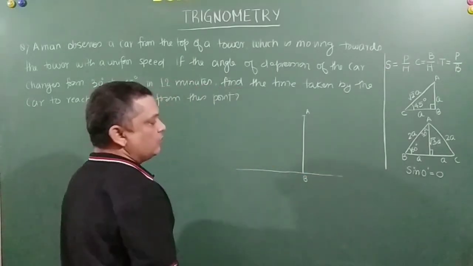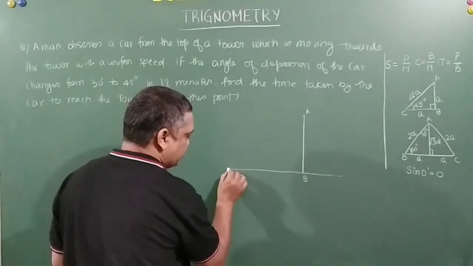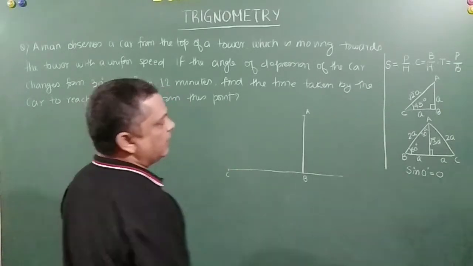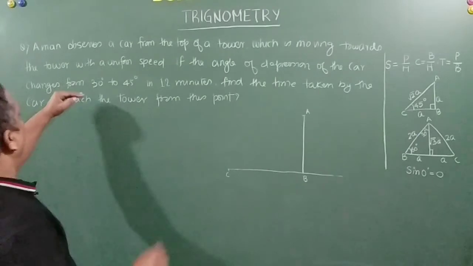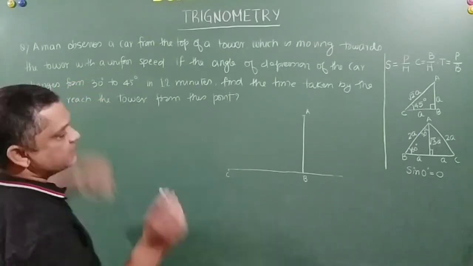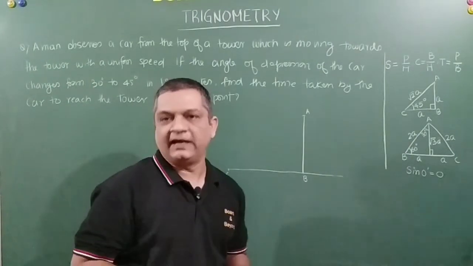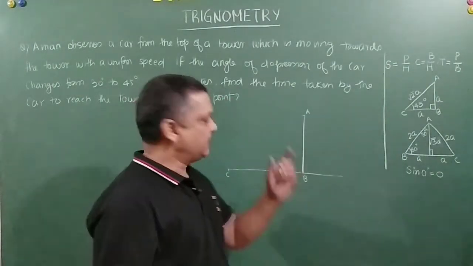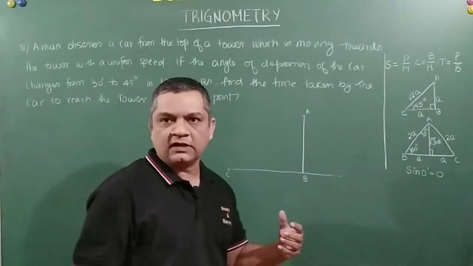Let us say the position of the car is here, this is C. The angle of depression of the car changes from 30 degrees to 45 degrees as the car moves near to the tower.